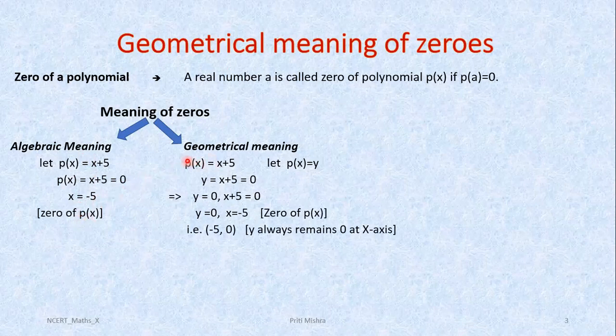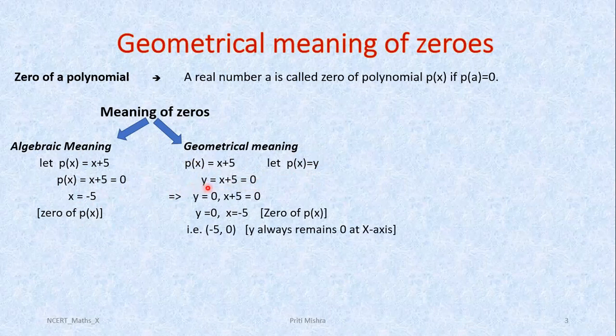Now, if we have to find its geometrical meaning, then the same polynomial I am taking here, p(x) = x + 5. Now I would like to replace p(x) by y. I can do it, p(x) is another variable here. So I can replace it by y. So y = x + 5 = 0.